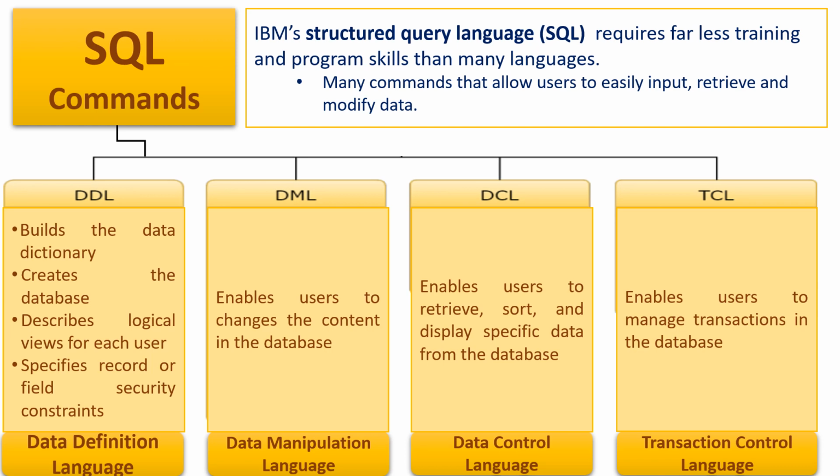So we have four types of SQL. We have DDL, DML, DCL, and TCL. DDL is data definition language, about building the data dictionary, creating the database, describing logical views for each user, and specifying record or file security constraints.